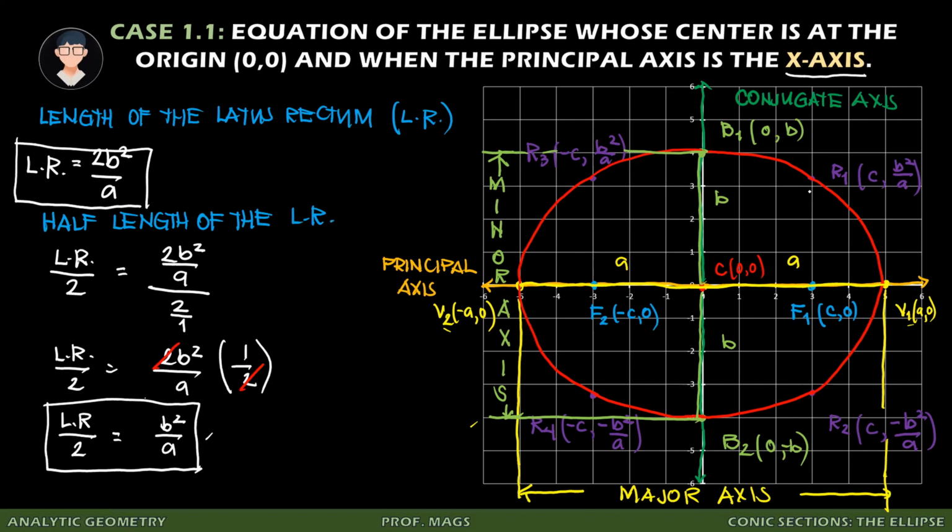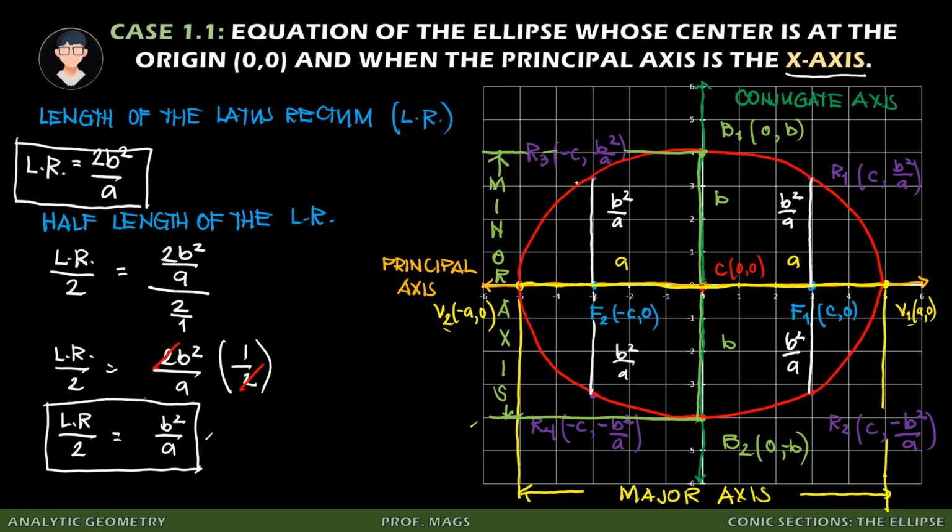If you're going to graph the half length of the latus rectum, so from R sub 1 to F sub 1, that is equivalent to B square all over A. And from F sub 1 to R sub 2, that is also equal to B square all over A. And from R sub 3 to F sub 2, that is also equal to B square all over A. And F sub 2 to R sub 4, B square all over A yan.